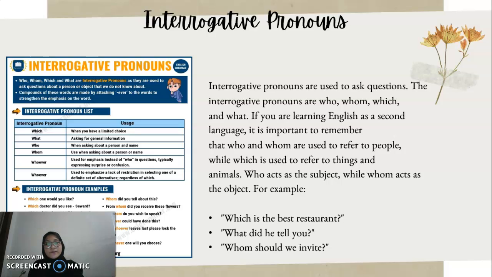Whoever is used for emphasis instead of who in questions, typically expressing surprise or confusion. Whichever is used to emphasize a lack of restriction in selecting one of a definite set of alternatives, regardless of which.